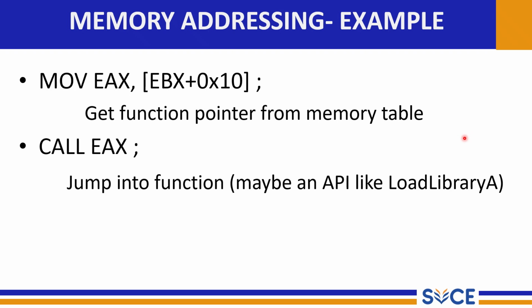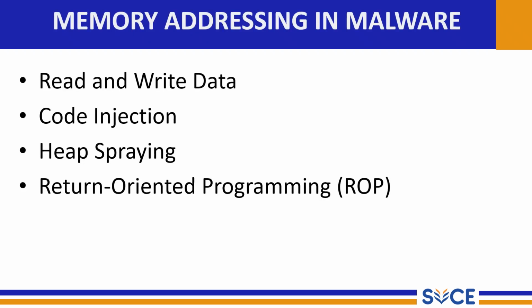The next topic is memory addressing in malware. But before going to this, I would like to state how memory is organized. First, a linear address space: modern operating systems typically use a linear address space where each memory location has a unique address.